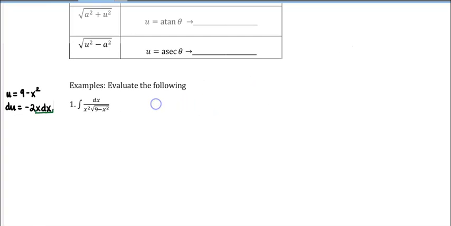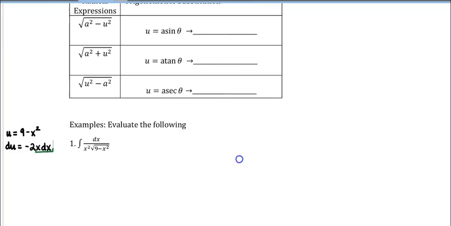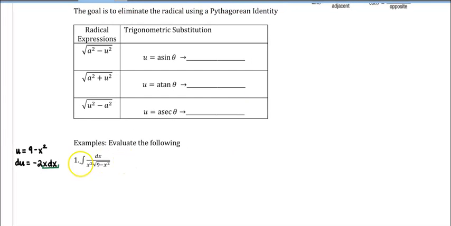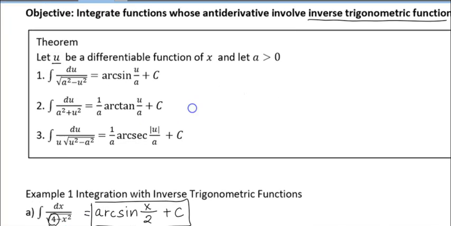Another thing I want to point out before we get into the trig substitution, because I would hope that you would look at this integral and maybe that this 9 minus x squared under the square root would take you back to section 5.8, where we saw things like a squared minus u squared under the square root. And then we integrated that to get arc sine.